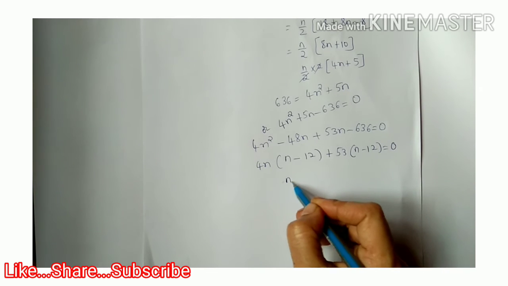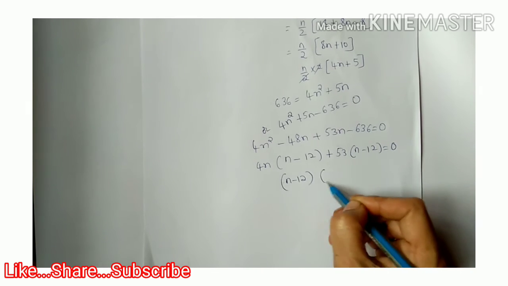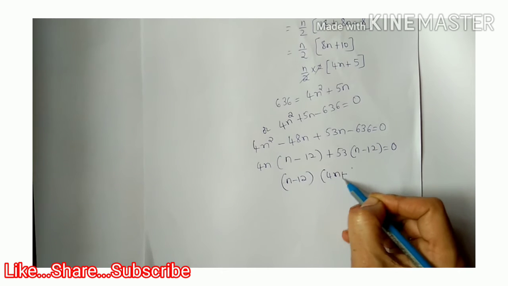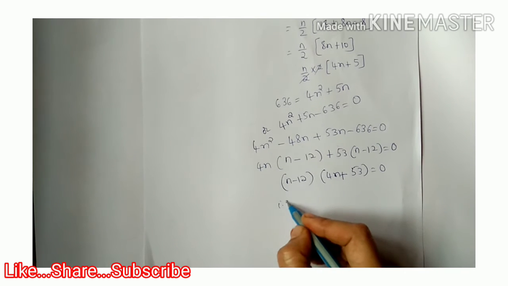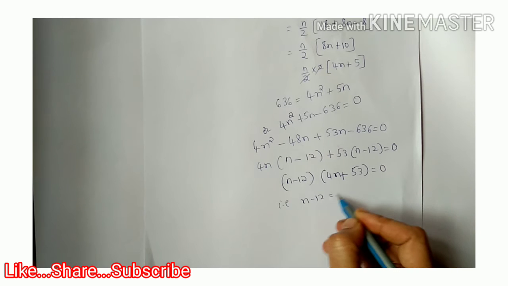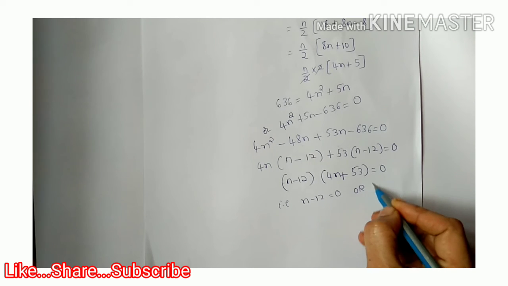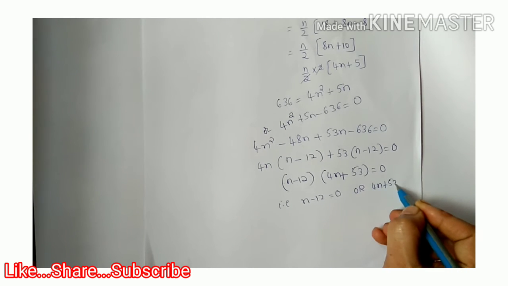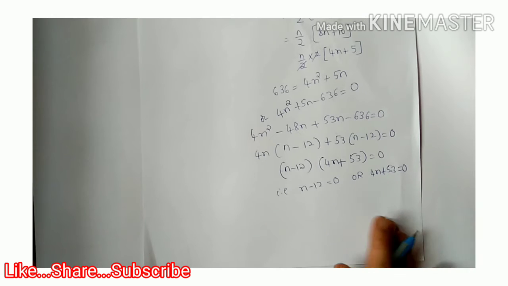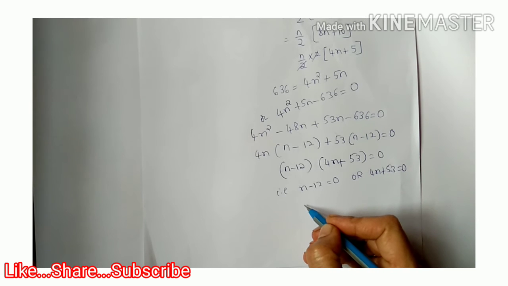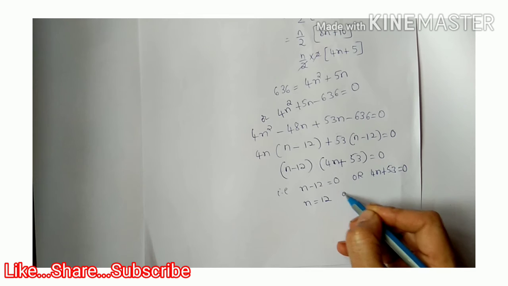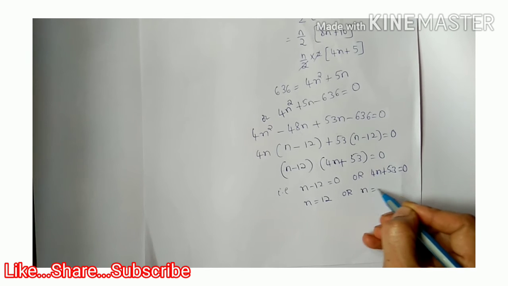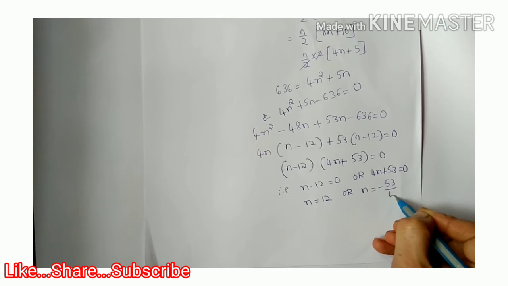Two factors are n minus 12 and 4n plus 53 is equal to 0. That is n minus 12 is equal to 0, or 4n plus 53 is equal to 0, or value of n is equal to plus 12, or n is equal to minus 53 by 4.